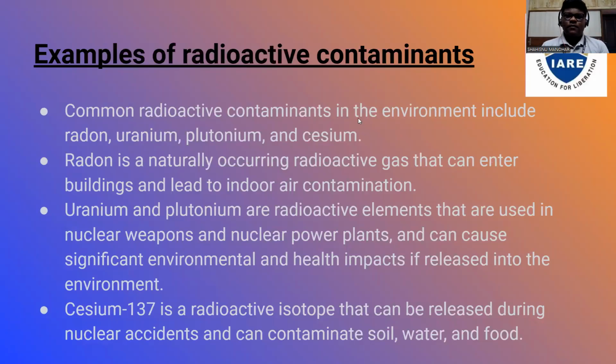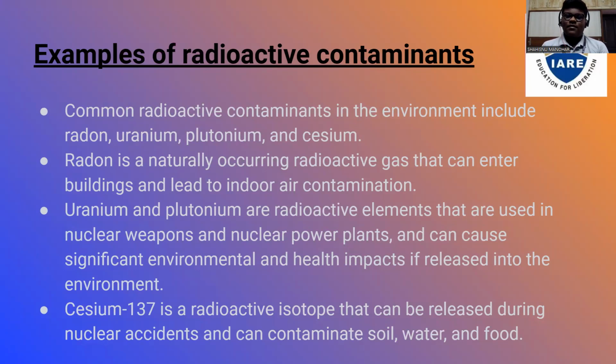Now let's go along with the examples of radioactive contaminants. Common radioactive contaminants in the environment include radon, uranium, plutonium, and cesium. Radon is a naturally occurring radioactive gas, which belongs to the noble gases section in the periodic table, that can enter buildings and lead to indoor air contamination.